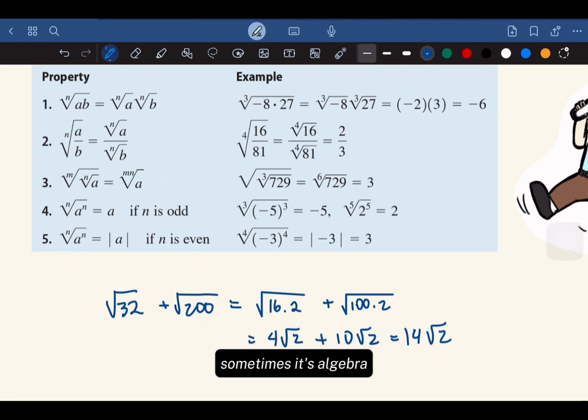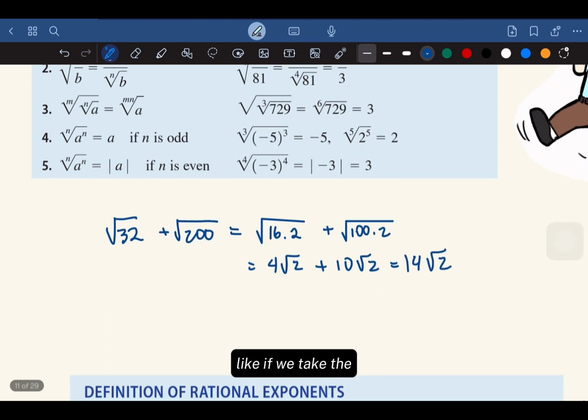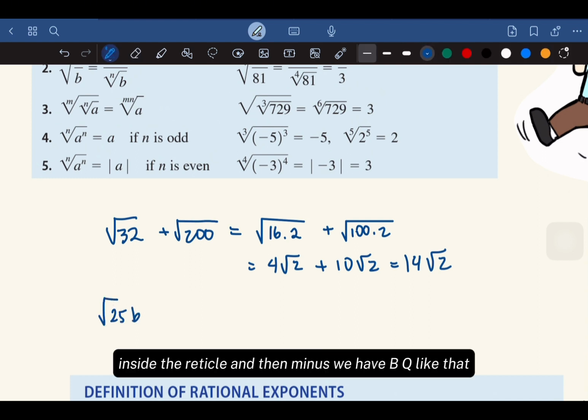Sometimes this algebra, although it's very simple, will also maybe be useful in the advanced process. Like if we take 25 b inside the radical, and then minus, we have b cubed like that.